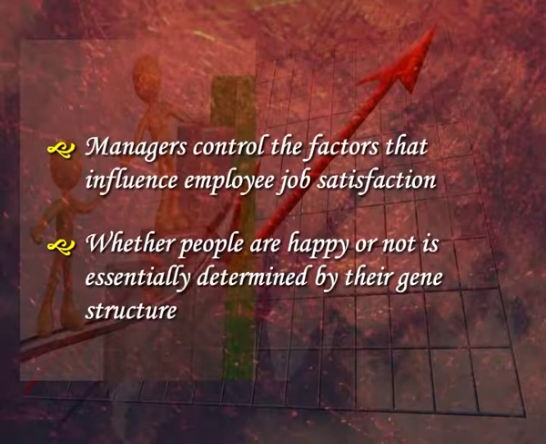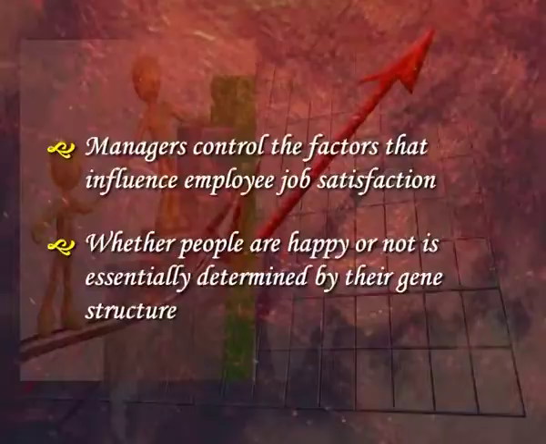Unfortunately, there is a growing body of evidence challenging the notion that managers control the factors that influence employee job satisfaction. Contemporary research indicates that employee job satisfaction is largely genetically determined.